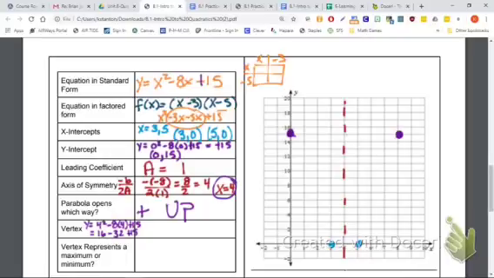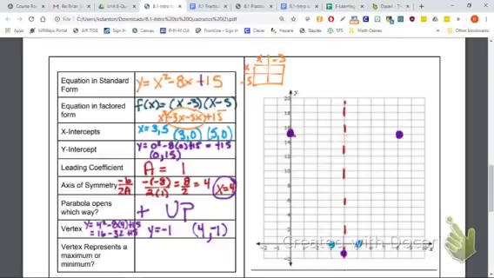Again, I'm not asking you guys to do this in your head. Go ahead and use your calculators on that. And you get that the y value of the vertex is going to be -1. So we're going to take the x value, which is your axis of symmetry, which we said was 4, and then that y value we just found is -1. So I'm going to come over here and go over 4, down 1, and put a point there.